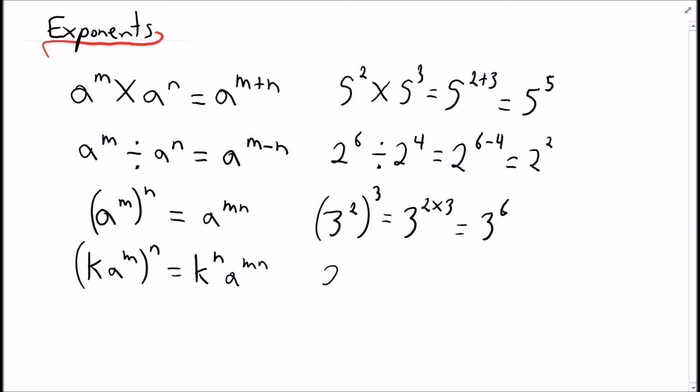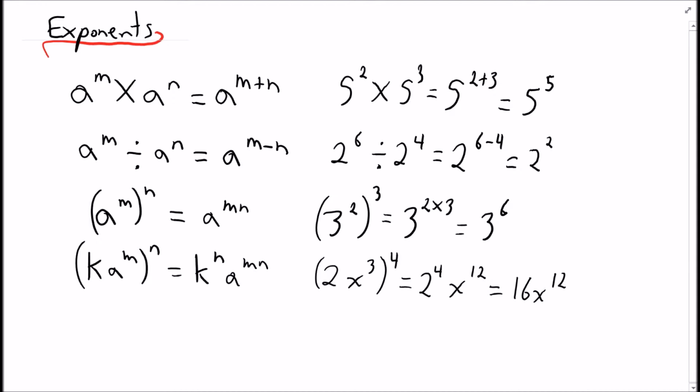So let's say I had 2, for whatever reason, 2 to the, let's just put an x this time, 2 x cubed all to the power of 4. That would mean that I end up with 2 to the power of 4, x to the power of 3 times 4, which would be 12. And if you wanted to, you could write what 2 to the power of 4 is. So that is 16, x to the power of 12.